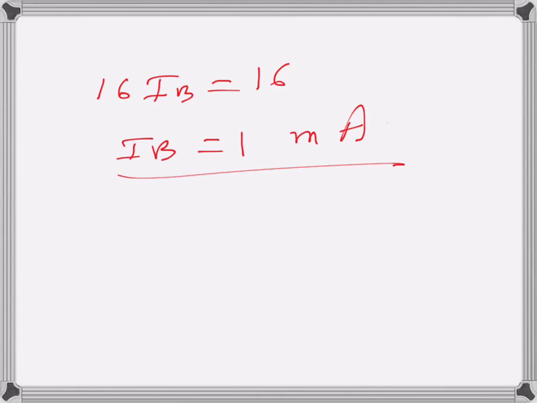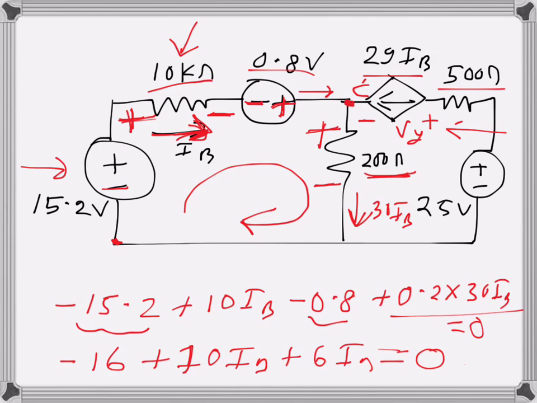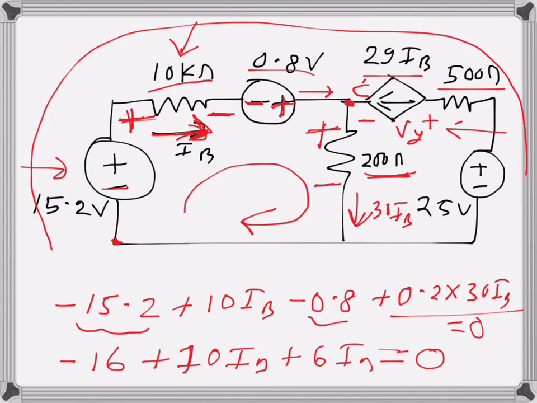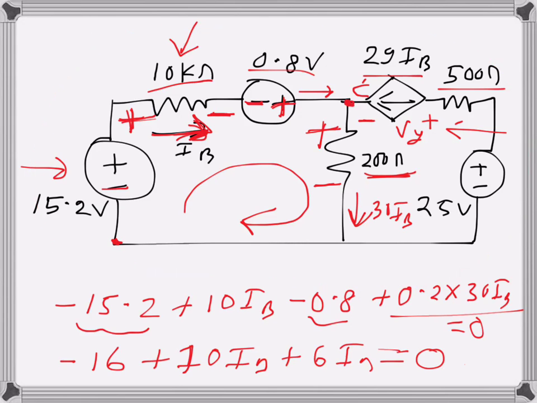Now I have IB, so I will apply KVL across the outer loop. This big one here, again in the clockwise direction, so I'm erasing that part.